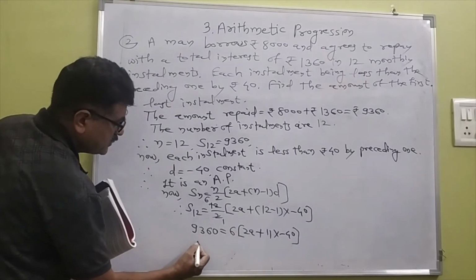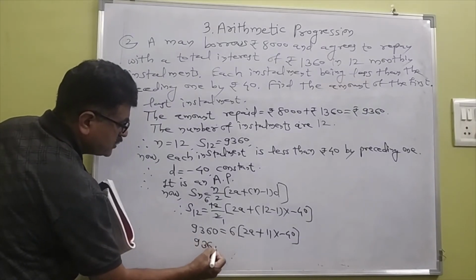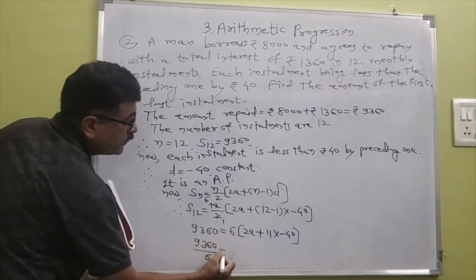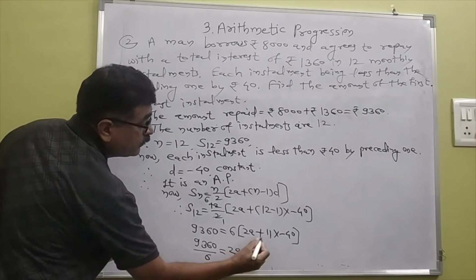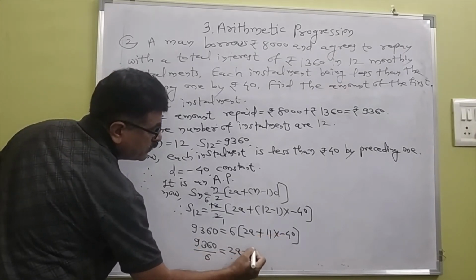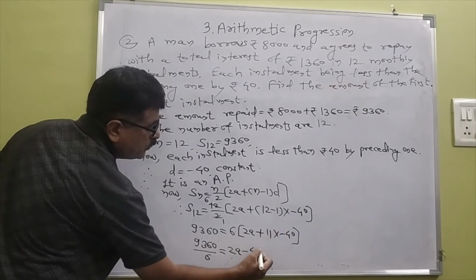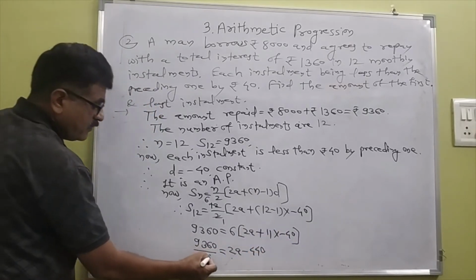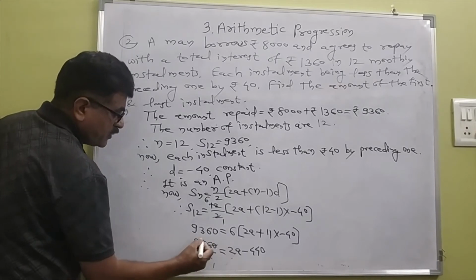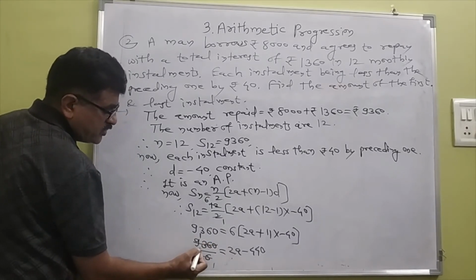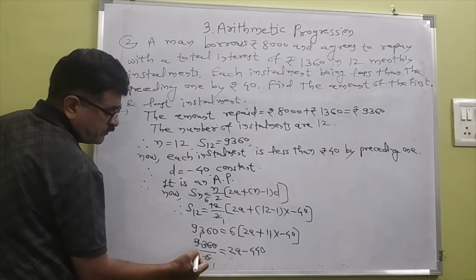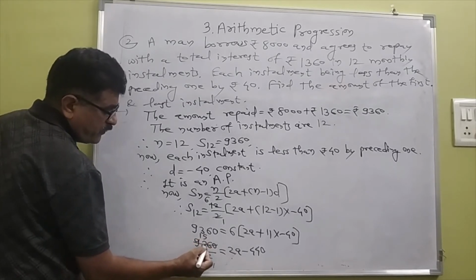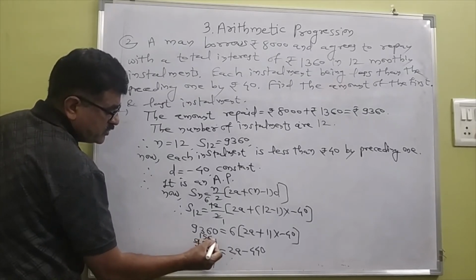Dividing this by 6, 9360 divided by 6 is equal to 2a minus 11 into 40, which is 440. Dividing 9360 by 6 gives 1560.